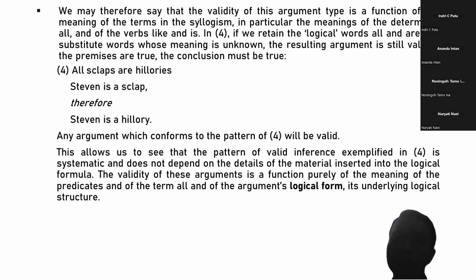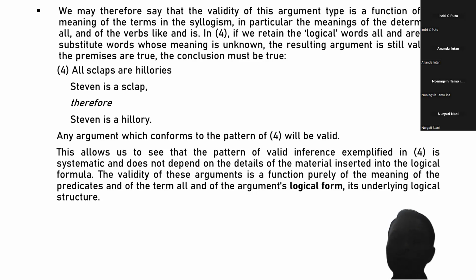And then the first one can be used as the next part of the conclusion. So any argument which conforms to the pattern of 4 will be valid.